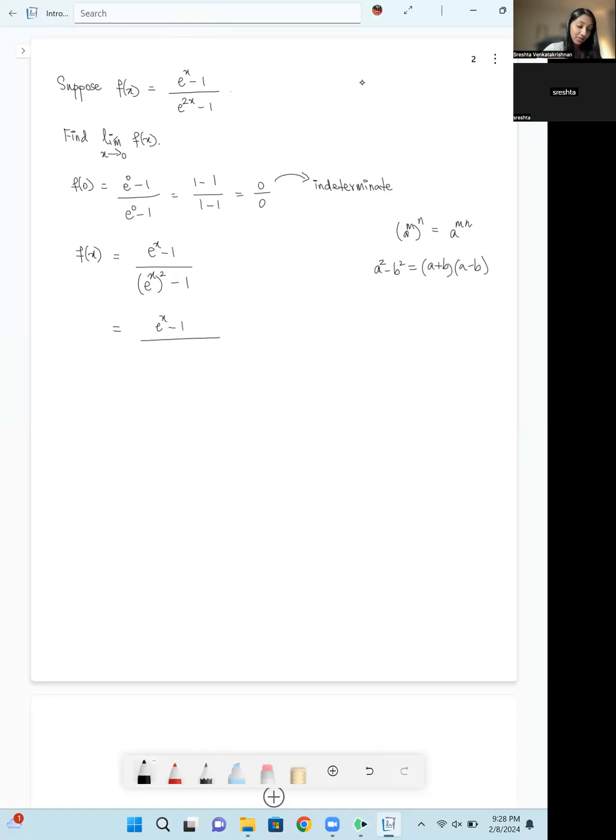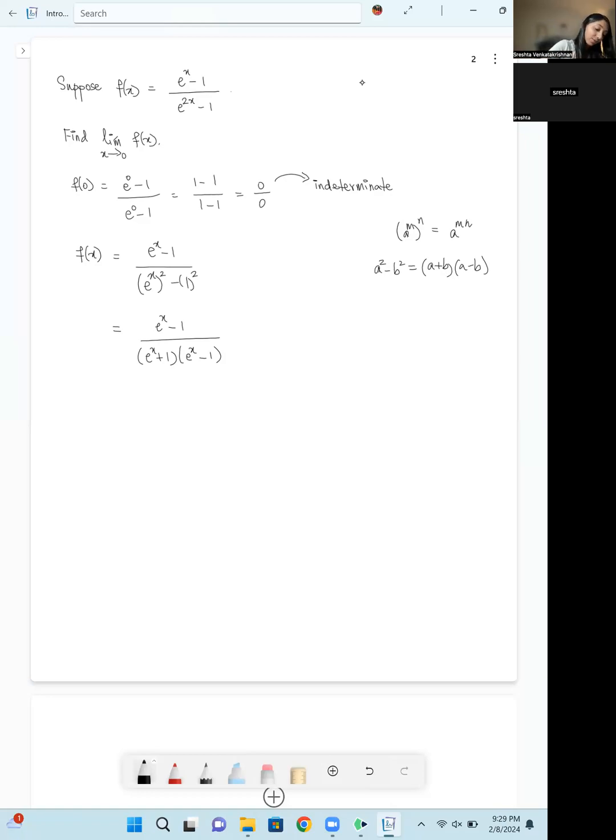Here, our a is e to the power x, and b is 1, because 1 squared is 1. So that can be written as e to the power x plus 1 times e to the power x minus 1. Do we see common factors between numerator and denominator?